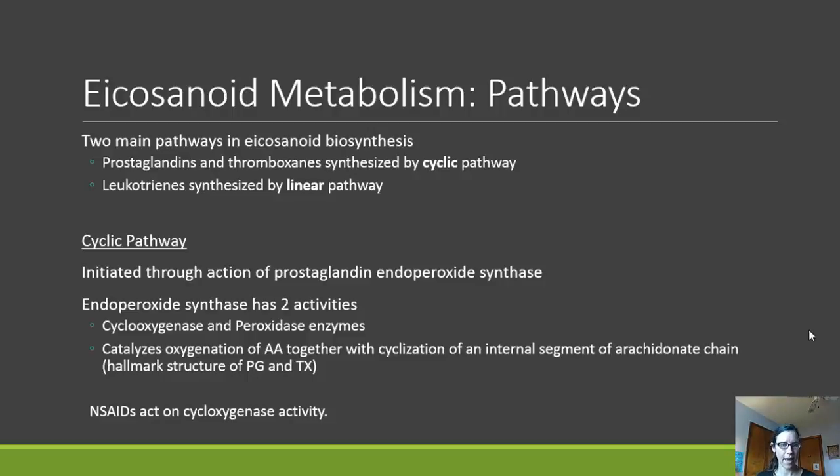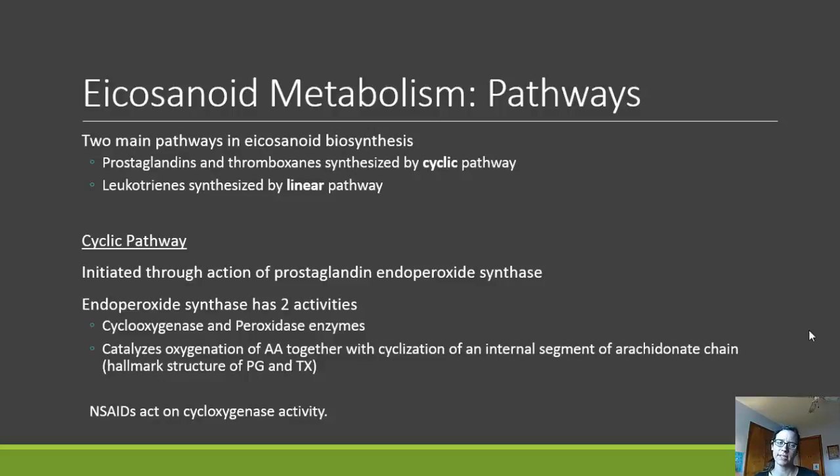In the cyclic pathway, it's initiated through the prostaglandin endoperoxide synthase enzyme, and this enzyme has two activities. First, it has cyclooxygenase and peroxidase activities, and it also catalyzes the oxygenation of arachidonic acid together with the cyclization of an internal segment of the arachidonic chain.